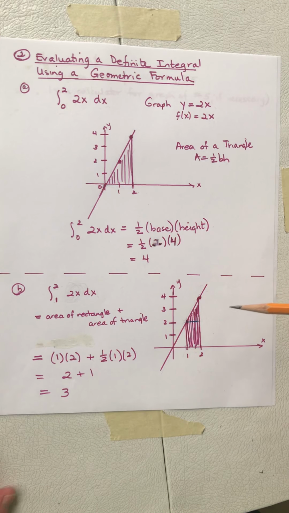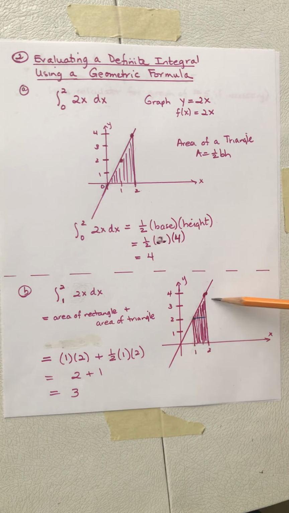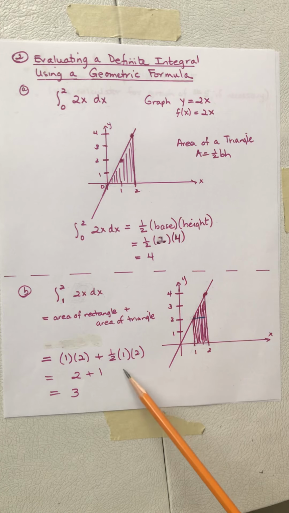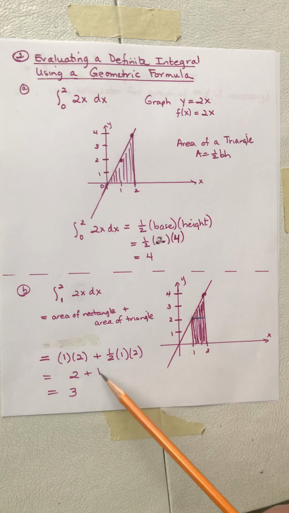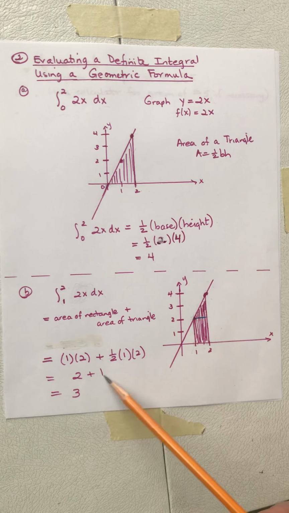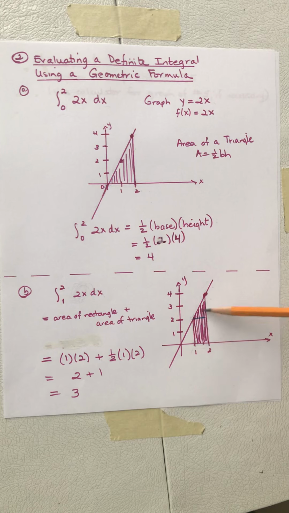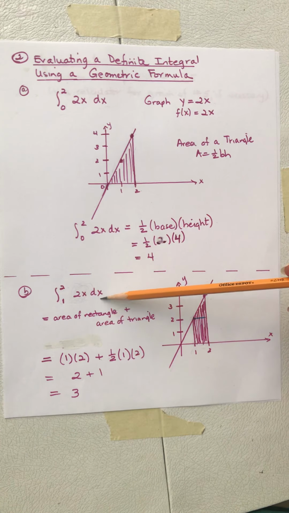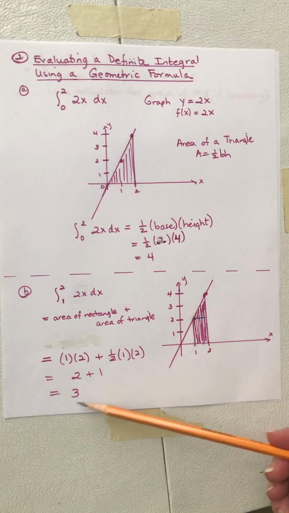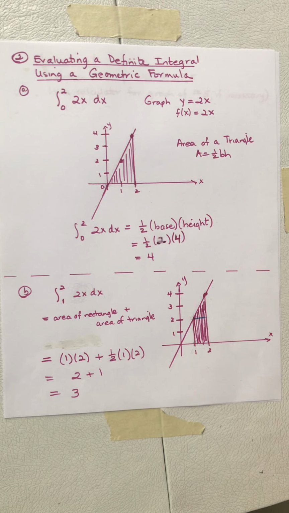So that height is 2. So the area of the triangle is 1/2 times 1 times 2, which would be 1. And when I add that to 2, I get 3. So the area of the shaded region, which is representing the integral from 1 to 2 of 2x dx, is 3 square units.